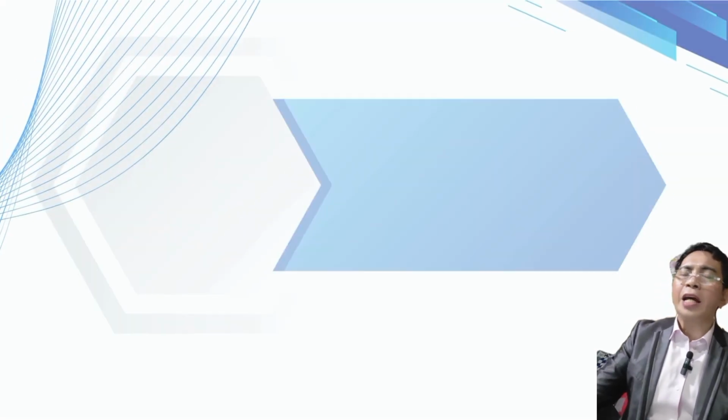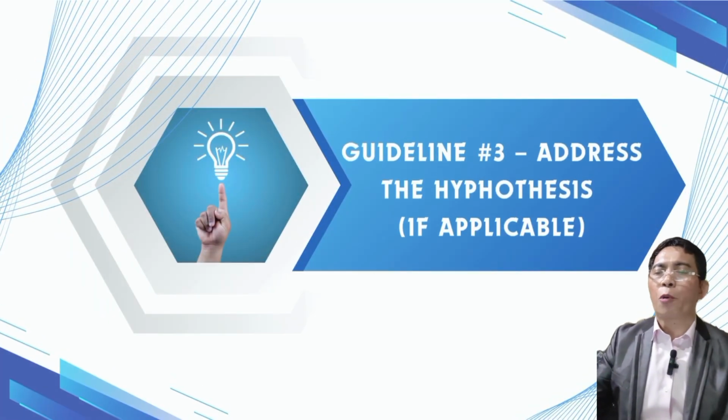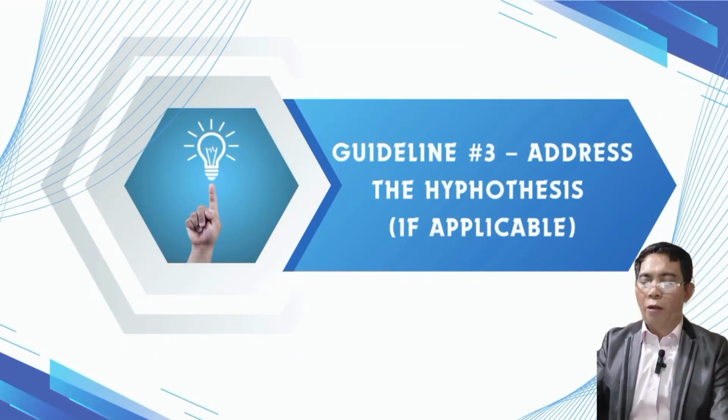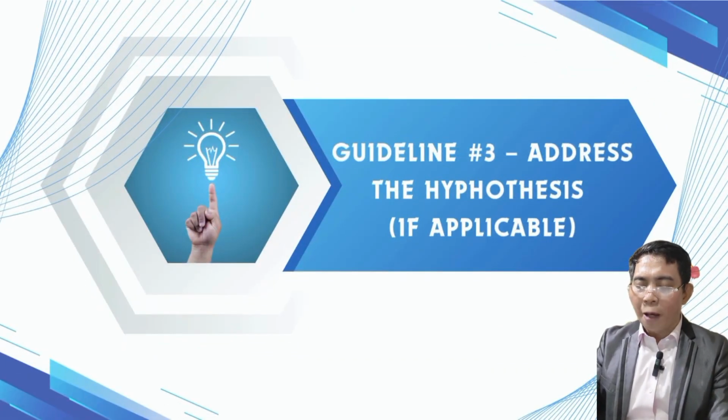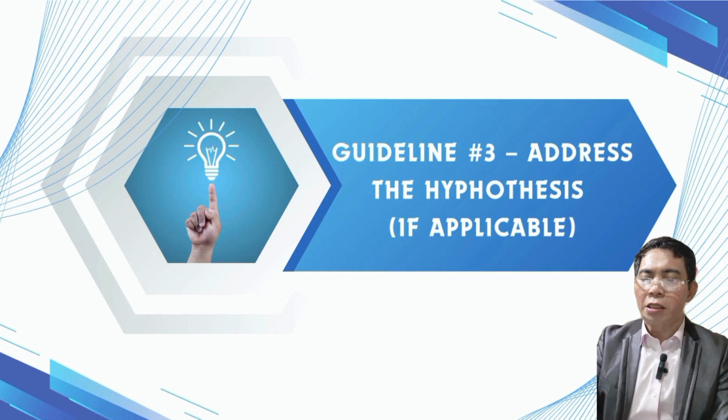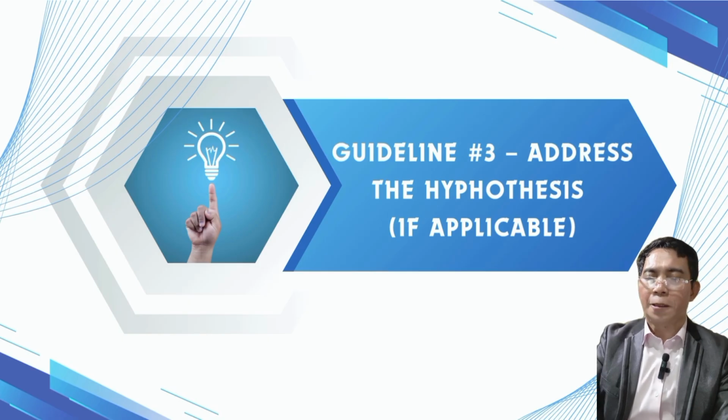For your guideline number 3, address the hypothesis if applicable. If your study includes hypotheses, this is the section where you state whether each has been accepted or rejected based on the findings.